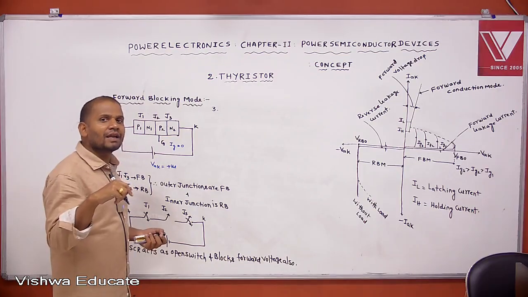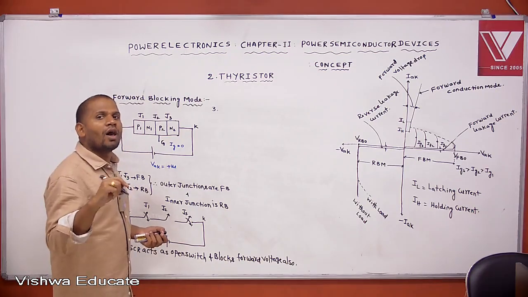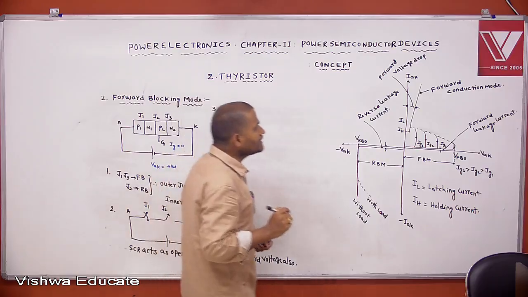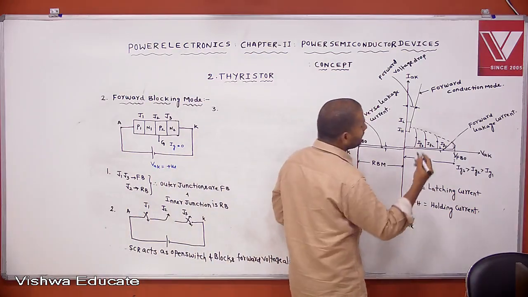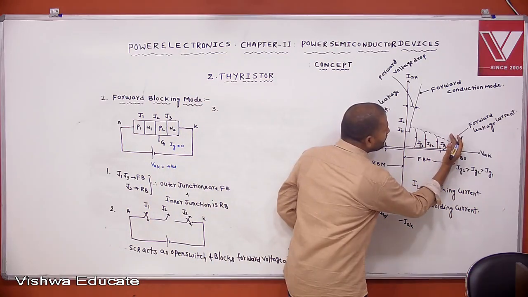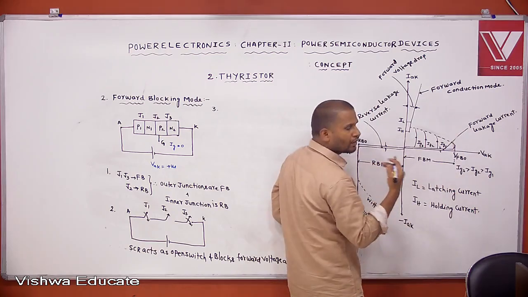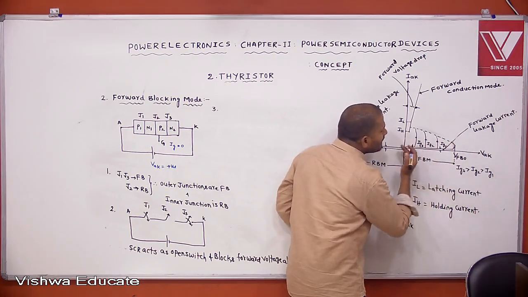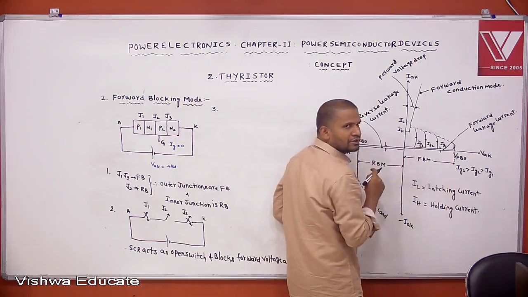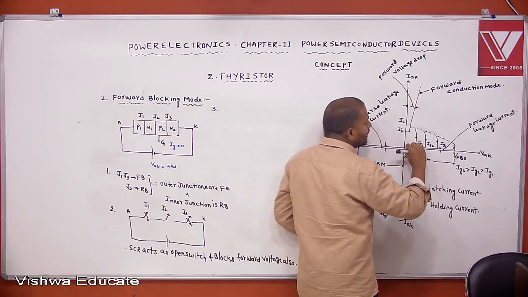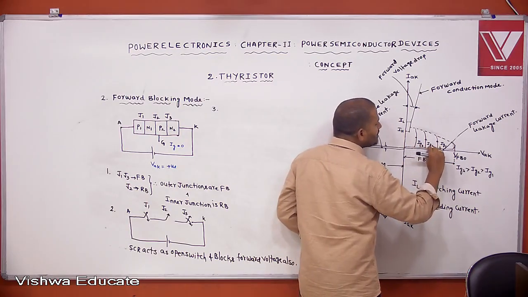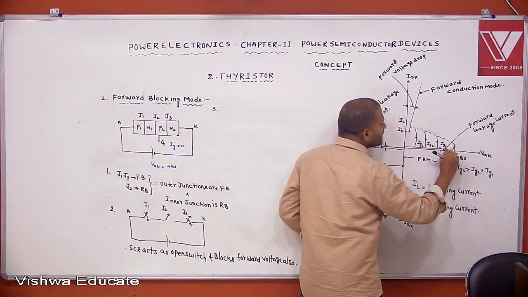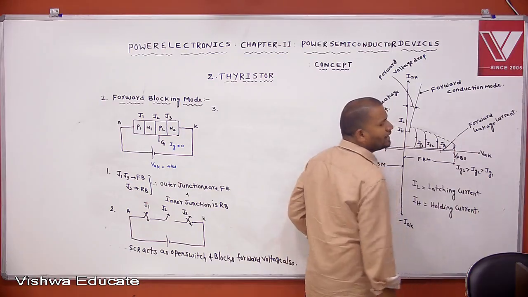That leakage current is called forward leakage current. This is the observation from the characteristics. Still, I am not applying forward breakdown voltage. If the applied voltage is less than the forward breakdown voltage, practically a small leakage current passes through the SCR. This leakage current is called forward leakage current.